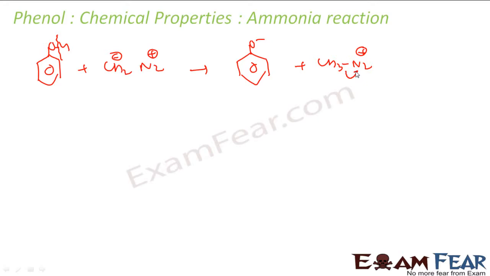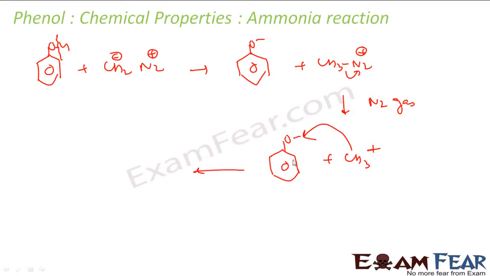This N2 will easily go off, right? This nitrogen gas goes off. So what you get with this is my O minus and CH3 plus. Now there will be a direct reaction between them. So you get OCH3.